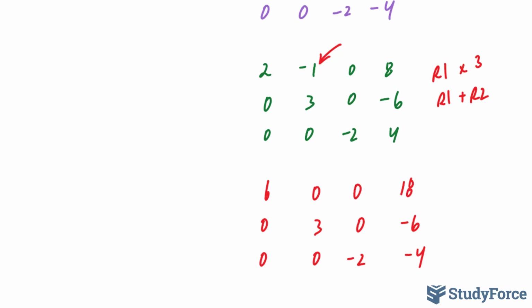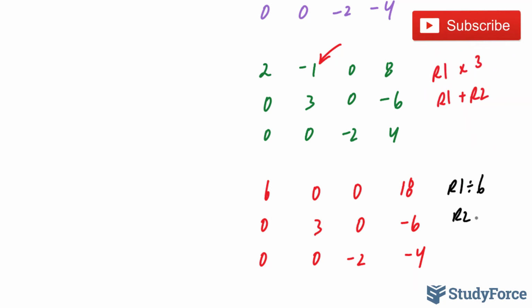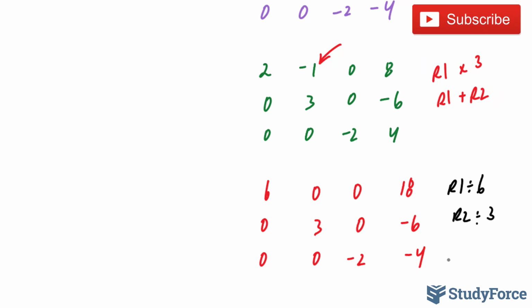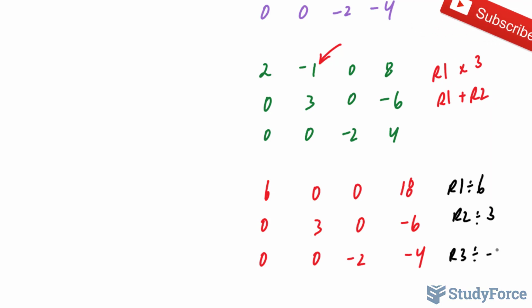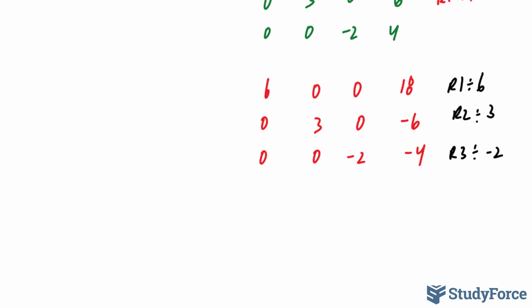We are practically done. All we have to do now is divide row 1 by 6, row 2 by 3, and row 3 by negative 2. If we do that successfully, this becomes a 1, so does this, and so does this. This becomes a 3, this becomes negative 2, and this becomes positive 2.